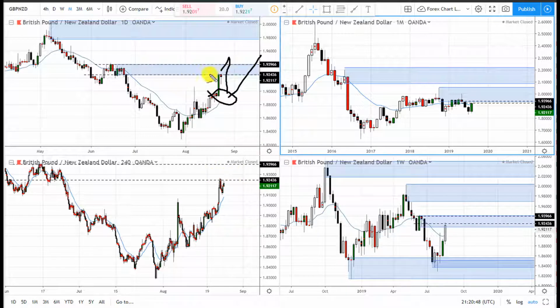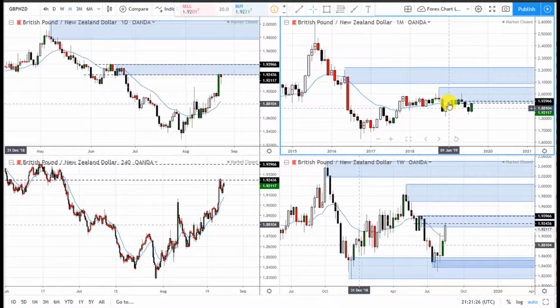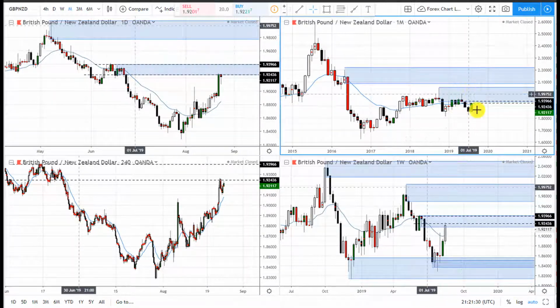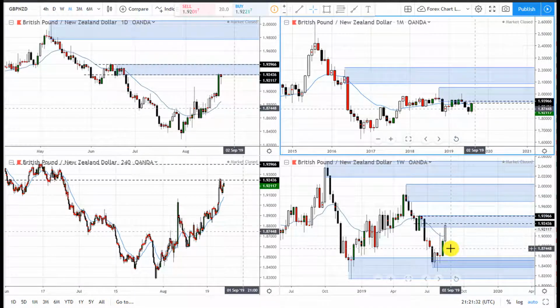So you want to make sure this area is broken, which is the same as this area. You want to wait for price to close above this area, retrace, and then buy, or else retrace to this area. But if you're trading the monthly, weekly, daily, then we don't want to do anything, because the monthly supply zone is in control.